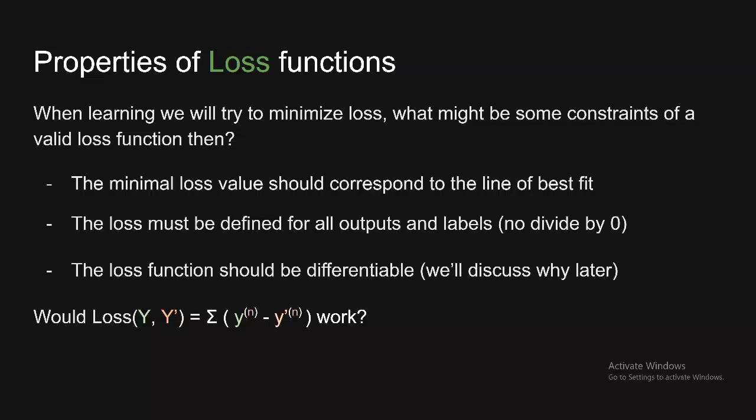Anyone else? Yeah. We find out that the first bullet isn't always true. There could be some lines that are really bad that still have the minimum loss. In particular, what is the minimum loss of this function right here? Is it possible for there to be a negative value of this?